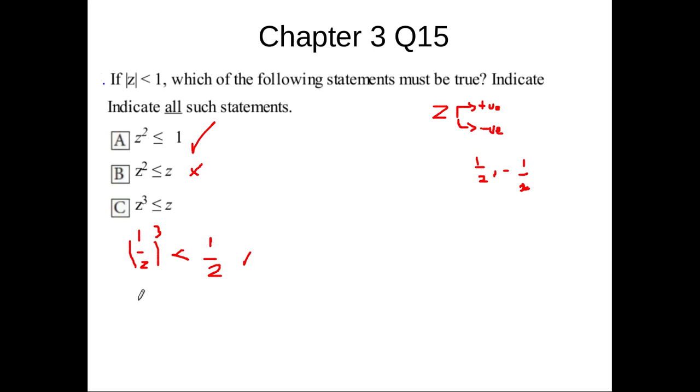If you try the negative value, you will get negative 1/8 here, and this one will be negative half. Okay, what do you think? Which one is bigger and which one is smaller? Negative half is a very small value.